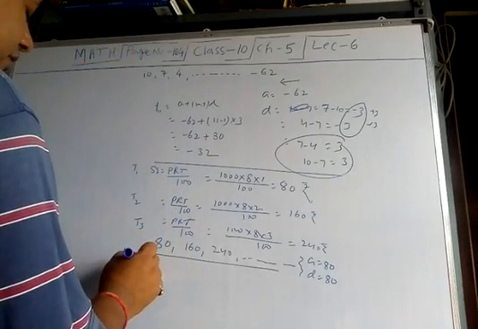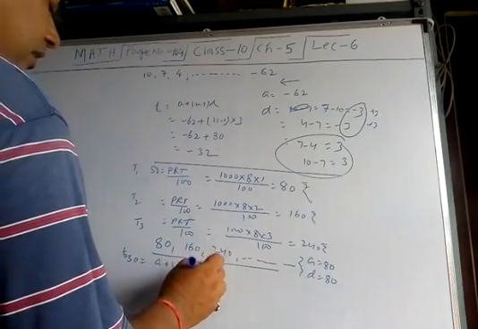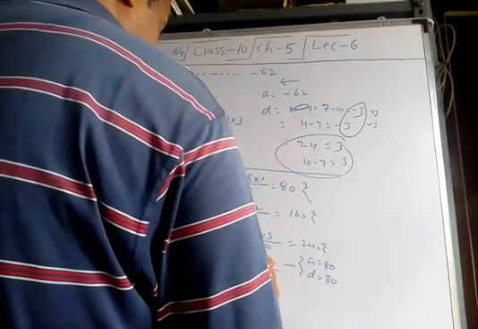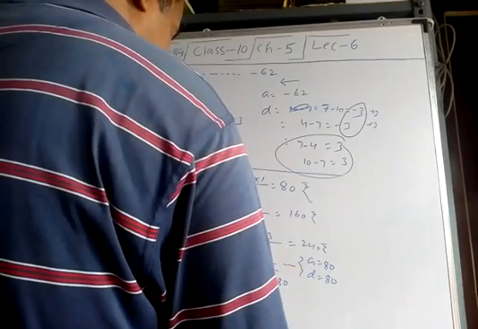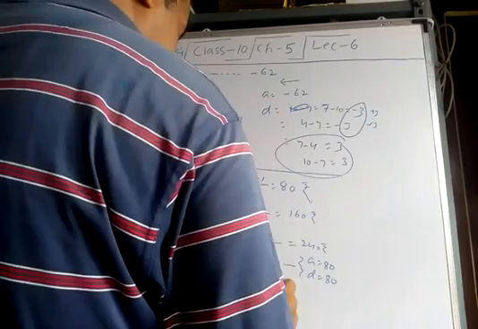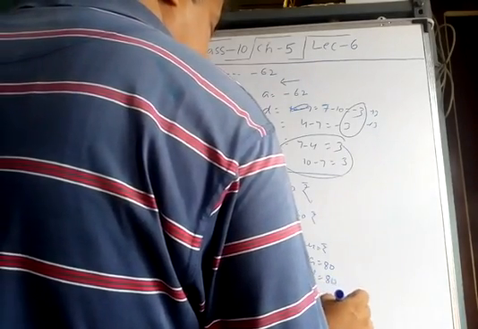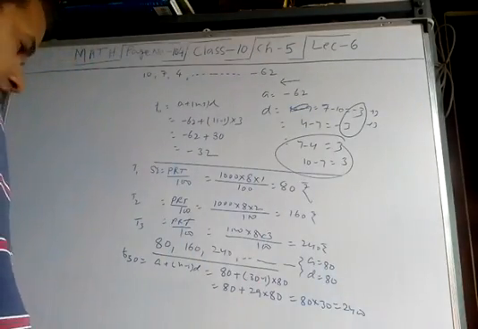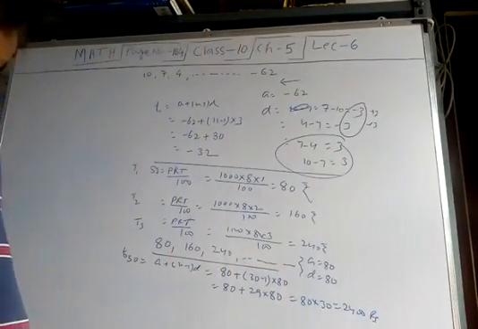T30 means a plus n minus 1 d, that is a plus 30 minus 1 into 80, that is 80 plus 29 into 80, that is 80 into 30, that is 2400. So 2400 rupees will be the answer of this question.